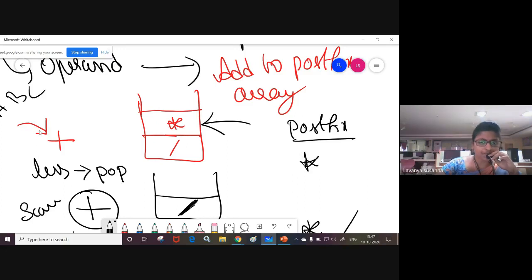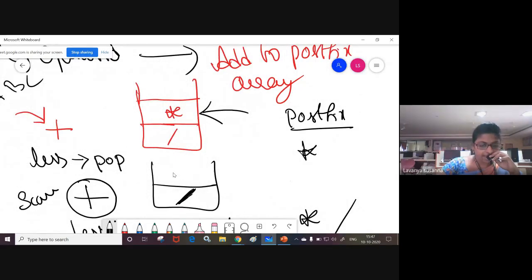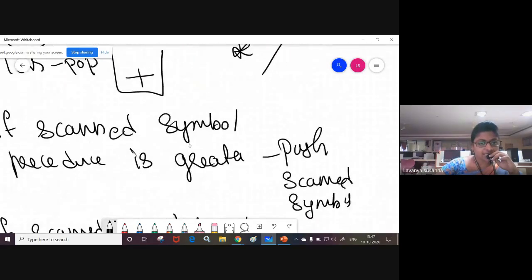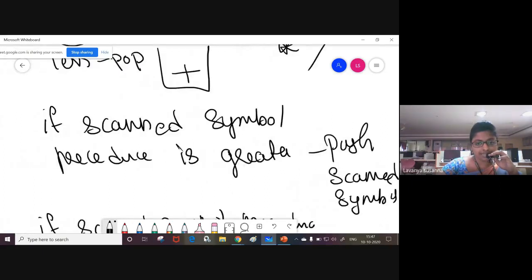After popping, compare with divided by. If the scanned symbol is less again, pop divided by. If the stack is empty, push. And if the scanned symbol precedence is greater, just push the operator onto the stack, that's all. I hope you understood, students. Is it clear, students?